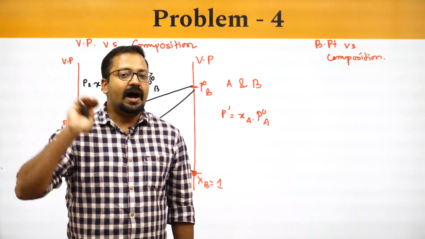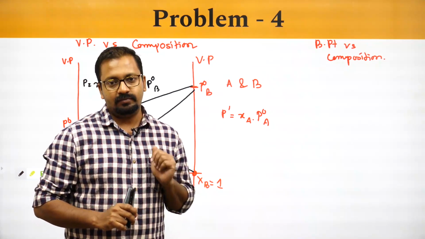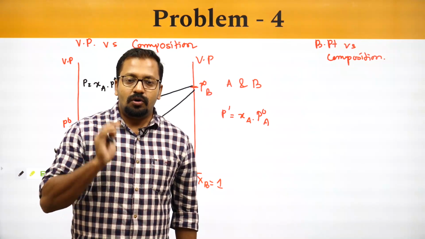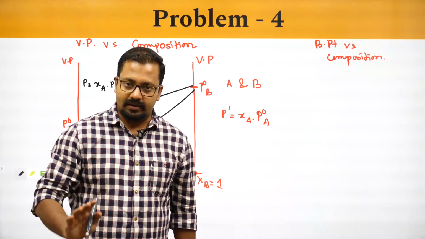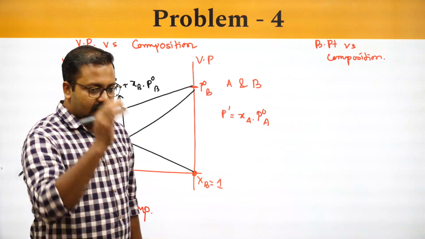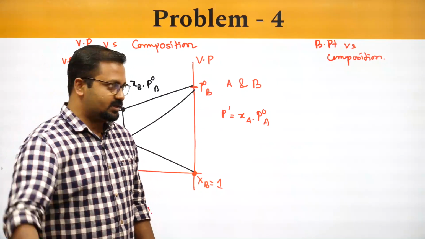So its vapor pressure was higher, and its boiling point was lower. If vapor pressure is low, boiling point will be higher. Okay, so vapor pressure decreases, boiling point increases.